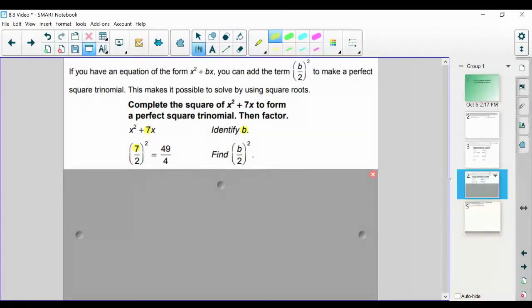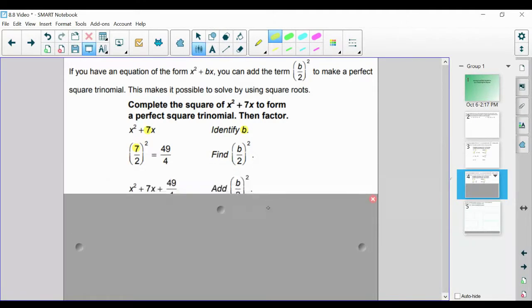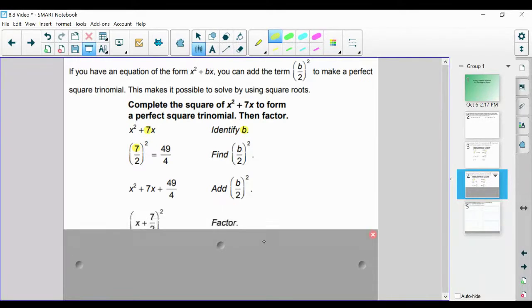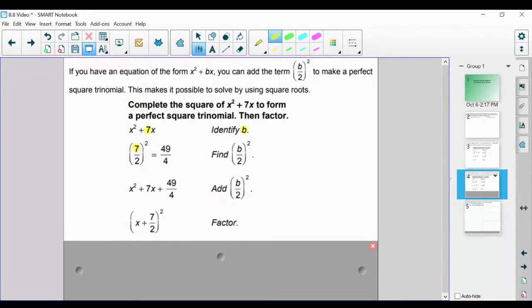We're going to leave it as a fraction because fractions are friendly. Decimals, not so much. We're then going to add 49 over 4 on both sides eventually when we have an equation. And now we have a perfect square trinomial. We can change it into x plus 7 over 2, that whole quantity squared.